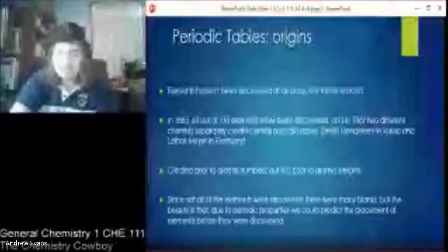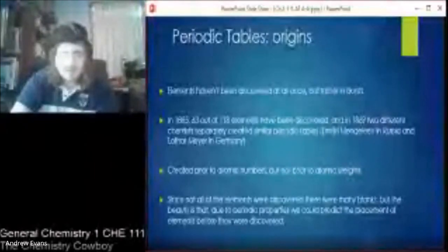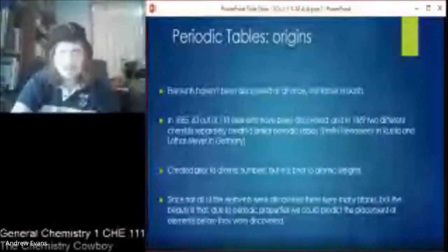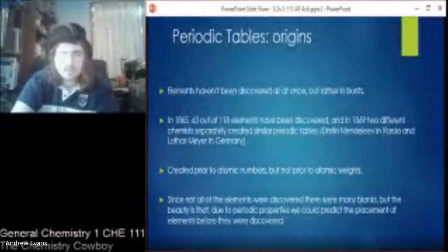In fact, by 1865, just about half of the known elements had been discovered. But with just half that table, two different chemists separately created a version of the table that's very similar to what we see today. Dmitry Mendeleev in Russia and Lothar Meyer in Germany.